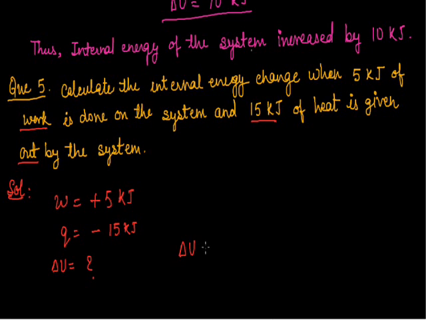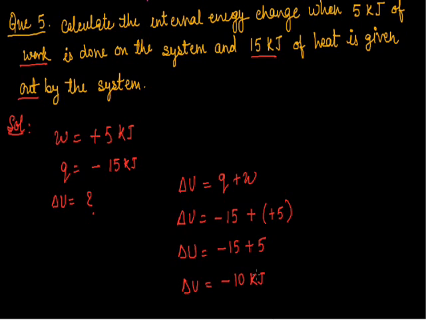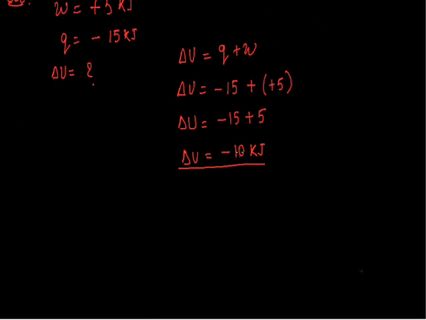So according to the first law, delta U is equal to Q plus W. Put the values, delta U is equal to minus 15 kilojoule plus 5 kilojoule. When we solve, minus 15 plus 5, delta U is equal to minus 10 kilojoule. So the change in internal energy is minus 10 kilojoule.